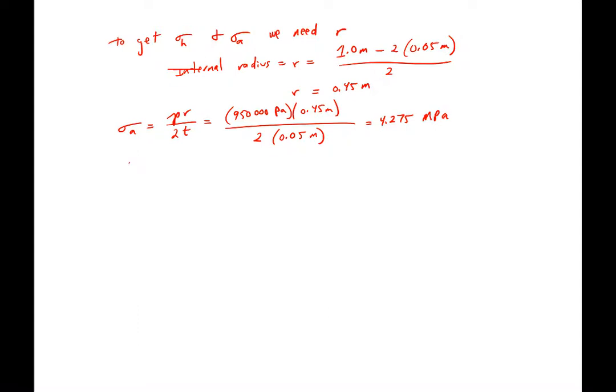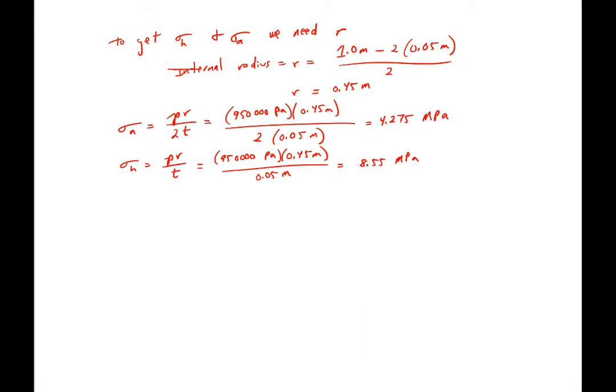And our hoop stress is just pr over t, which is the same thing we just had above, except that we don't have the factor of 2 in there. So that's going to give us 8.55 megapascals.